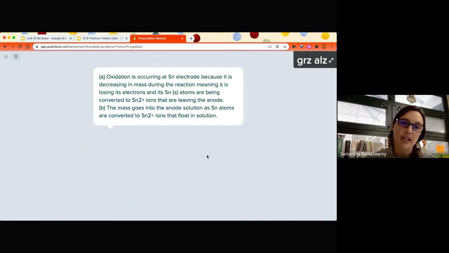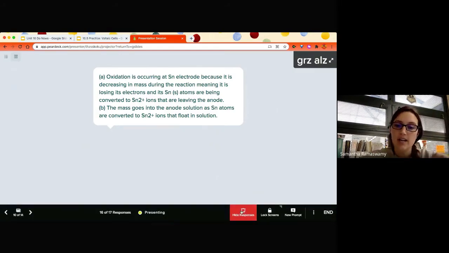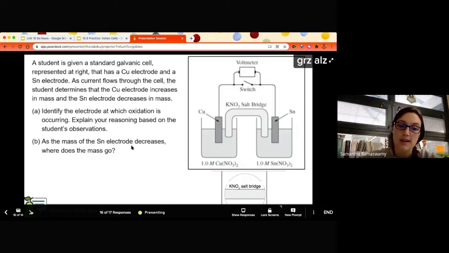And for part B, the mass goes into solution as tin atoms are converted to tin 2+ ions. So we don't have mass going through the salt bridge or through the wire. We have two half cells. The electrode itself, the piece of metal, is losing its mass, but it's just losing its mass into the solution. So the tin atoms are being converted to tin 2+.